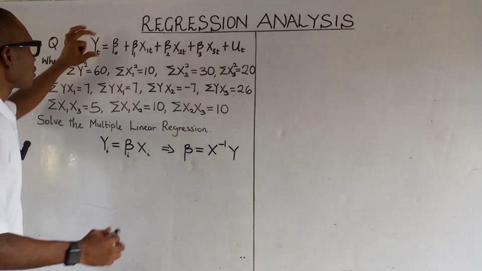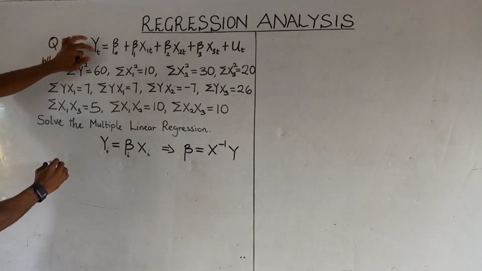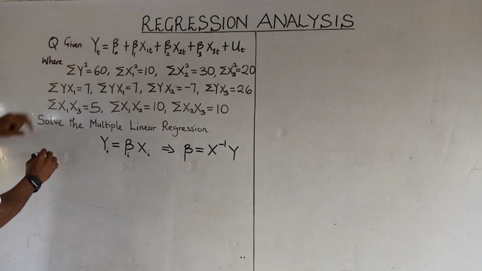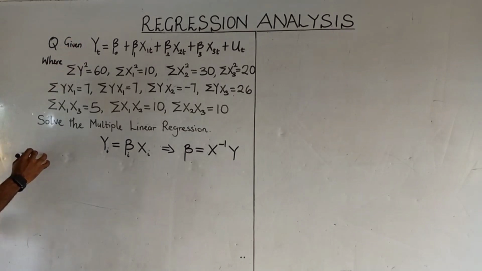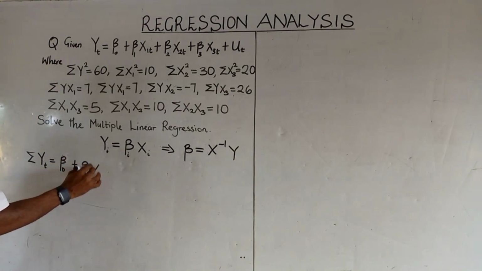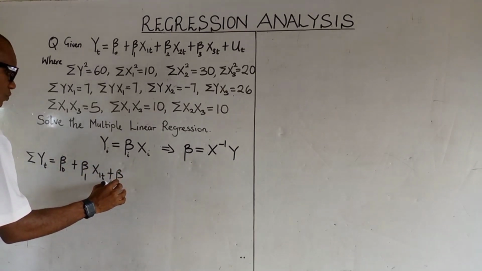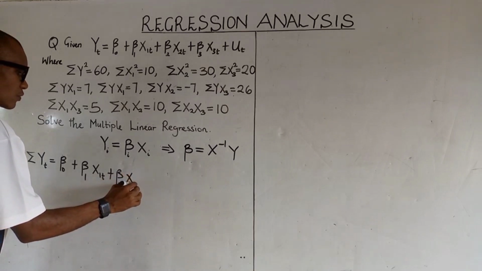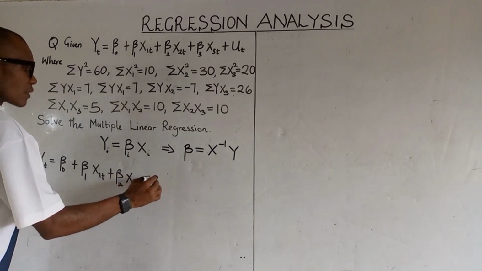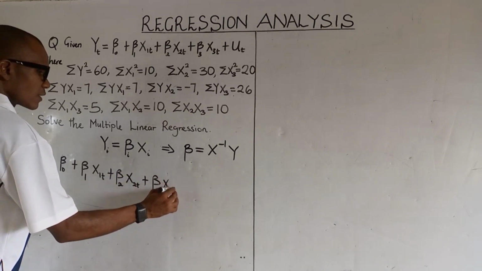How do we go about this? From this, we can take the sum of this first. We take the sum, which is the summation of yt equal to b naught plus beta 1 x1t plus beta 2 x2t plus beta 3 x3t.